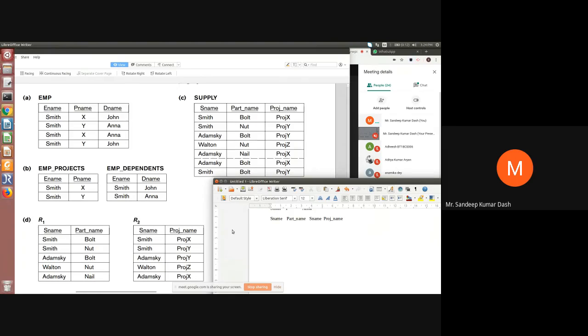Okay, Sname, part name in one, Sname, project name in another one. So this is the resultant table where the data will be filled like this.